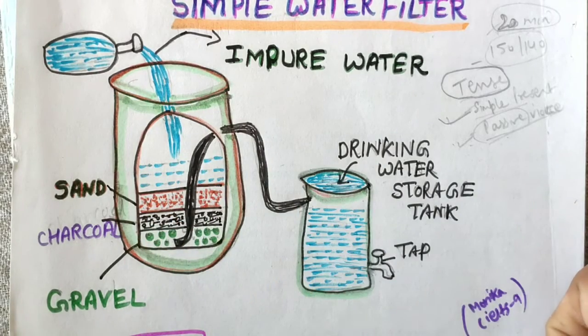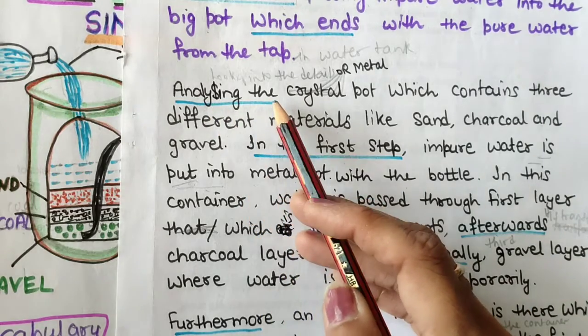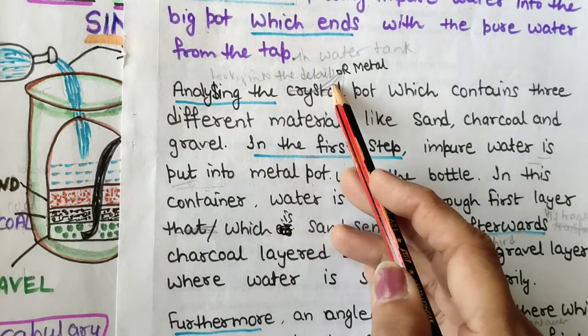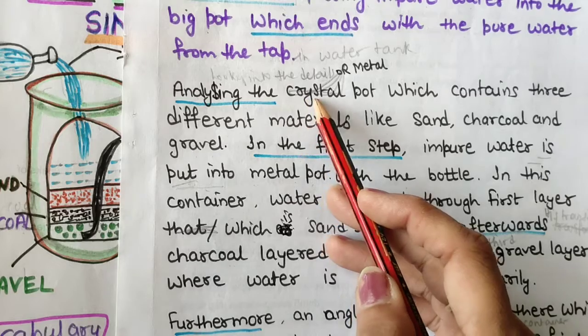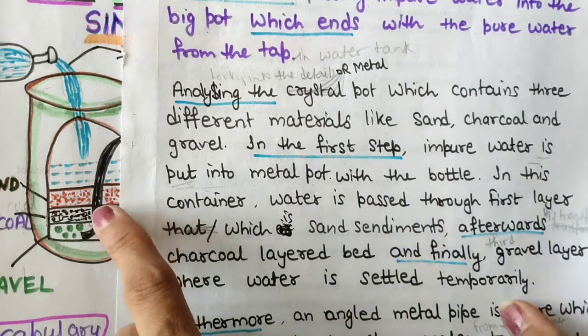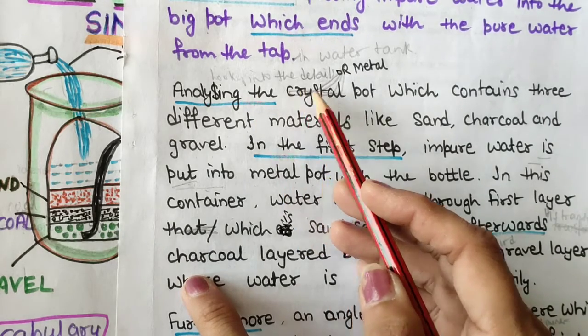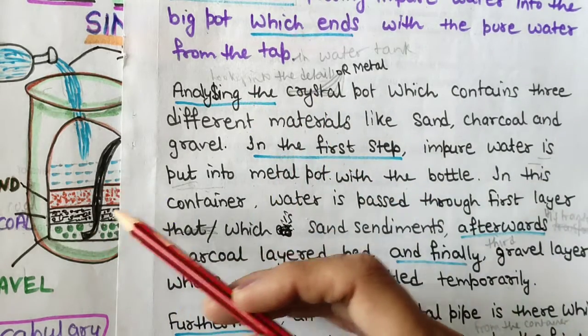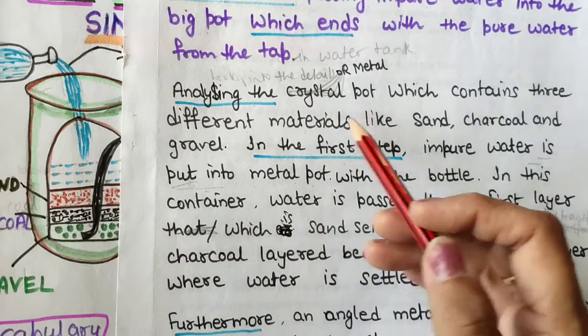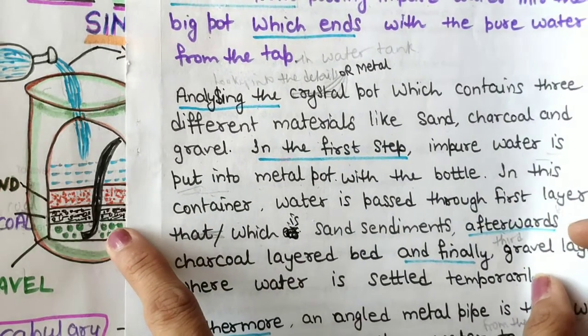Analyzing or looking into the detail of the first step, which contains 3 different materials. Analyzing the first step, or the container pot, or you can say big pot, which contains 3 different materials like sand, charcoal and gravel.